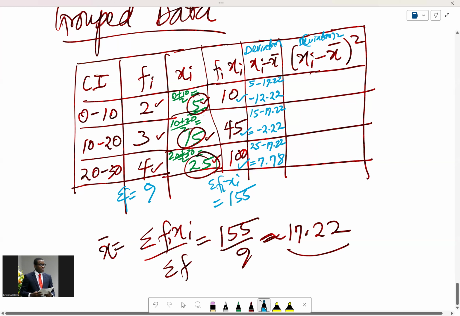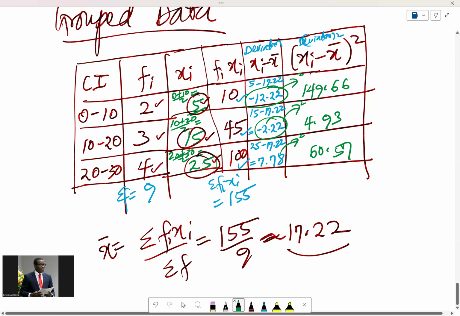So when you square all that, right? When you square this, you get 149.66. When you square this, you get 4.93. When you square 7.78, you get 60.57.